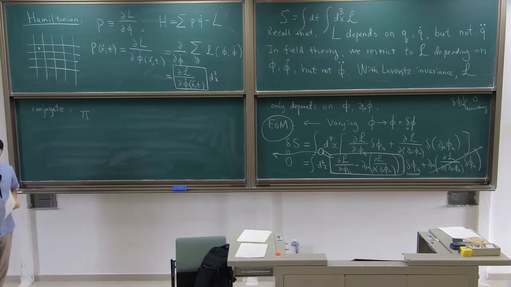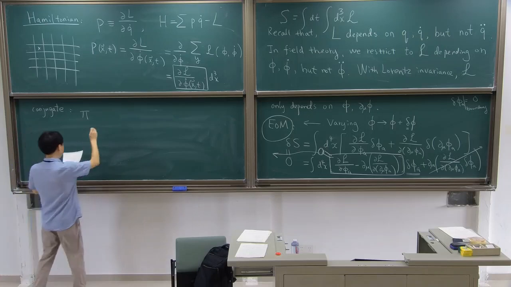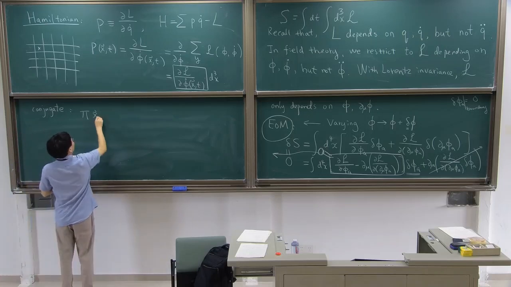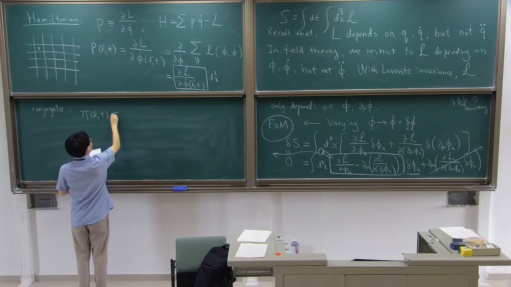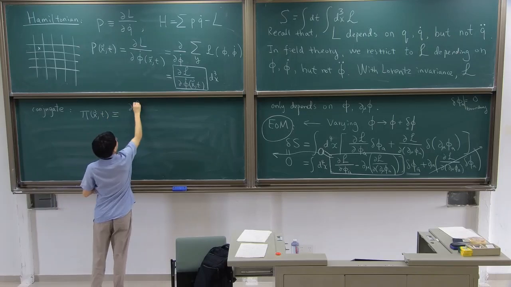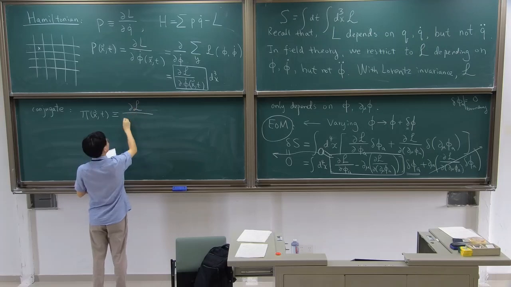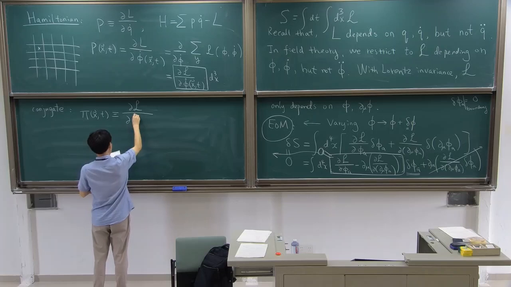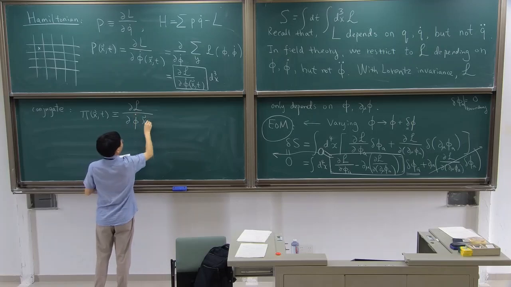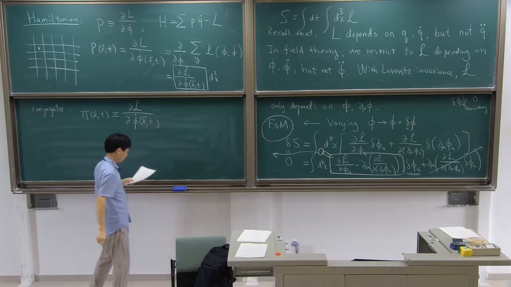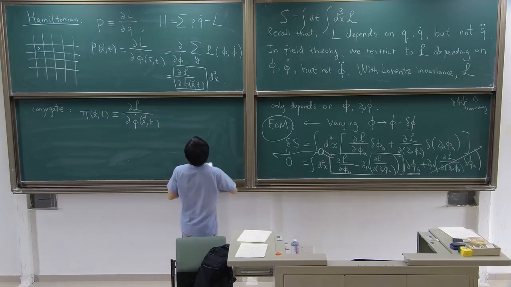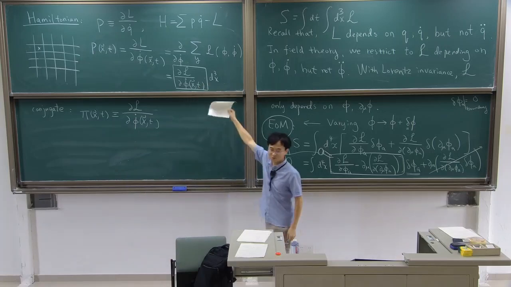And also we note that pi is also a function of x and t. Instead, this is defined as the derivative of this Lagrangian density with respect to phi dot. This will make that conclusion. If you don't want to follow that argument, you can forget it.